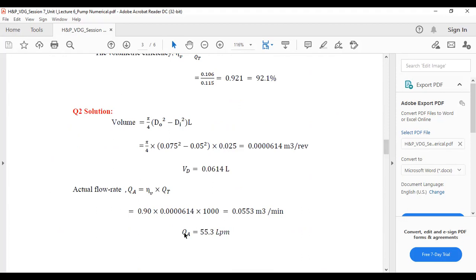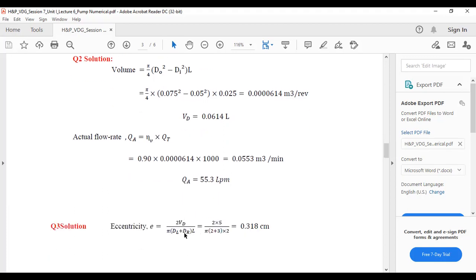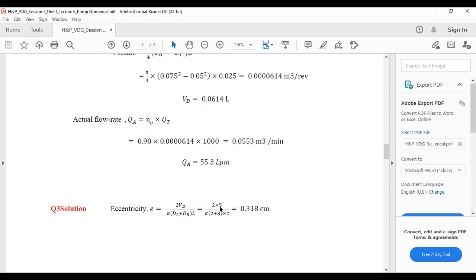So actual flow rate equals volumetric efficiency into Q theoretical. So actual flow rate equals 0.90 into 0.000614 into 1000. So actual flow rate equals 0.0553 meter cube per minute, means 55.3 liters per minute. In this way, we calculate actual flow rate.